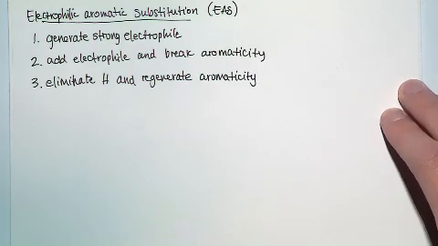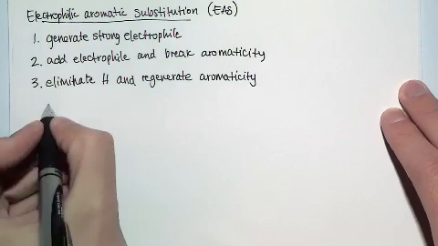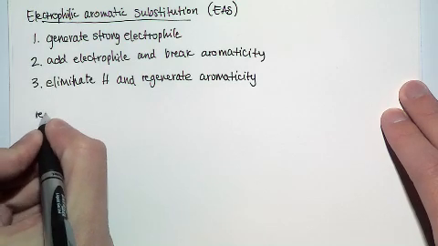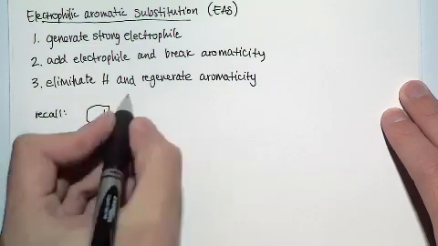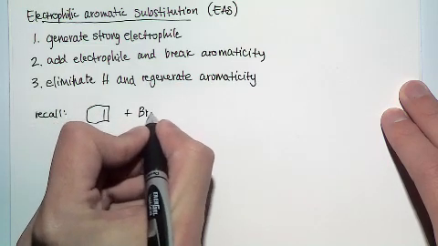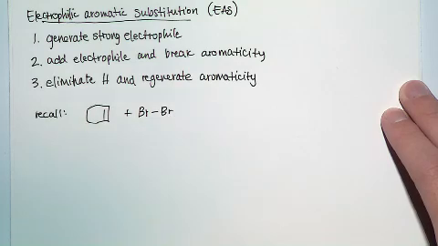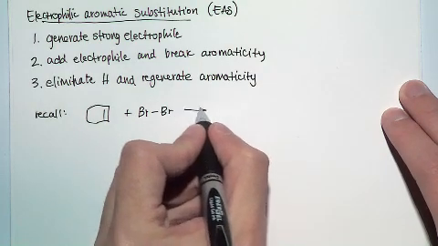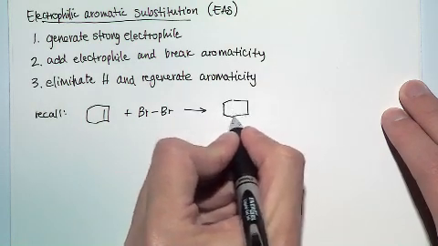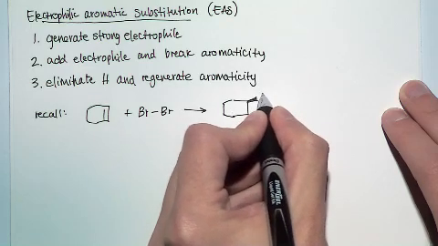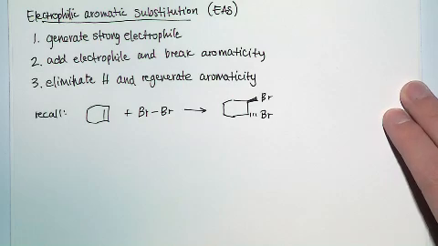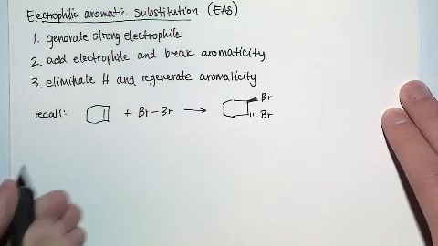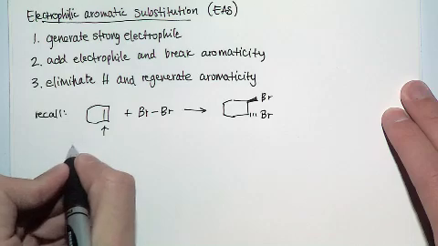Okay, so let's actually go back and look at the classic addition reactions to alkenes. So if we have cyclohexene, we can do an addition reaction here with bromine, and that's going to give us that. The nucleophile is our pi bond.